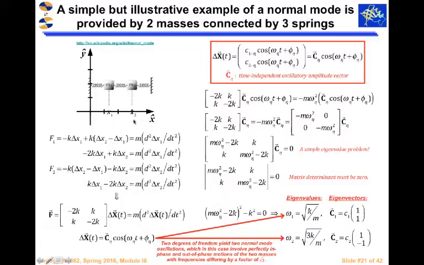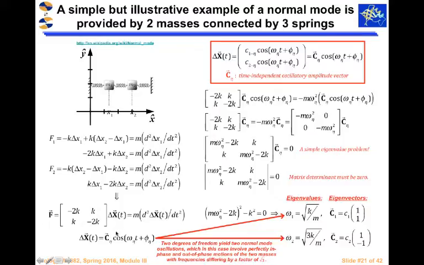Now, the general solution, the most general sort of motion of this system will involve a superposition of the two normal modes. So mathematically, the physics works out properly if you have both of these things going on simultaneously, and they can be going on to different extents.